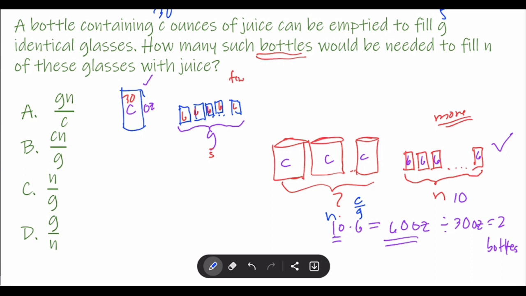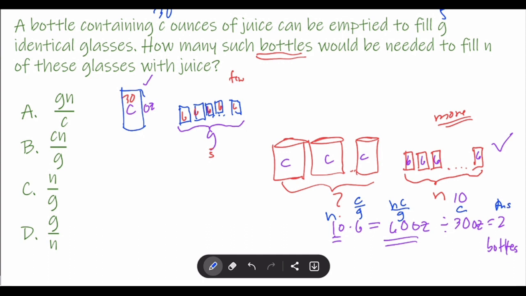So we will know how much each glass is, which is 6. And then, that's why we have 60. What is the 60? That is N times C over G. Now divided by 30. What is that 30? So 30 is the C, the ounces. And then we will get the answer.